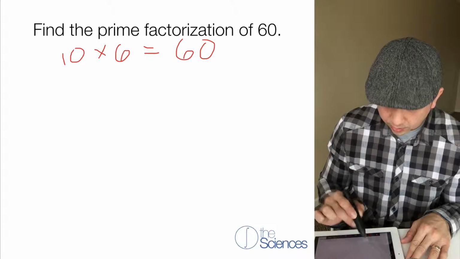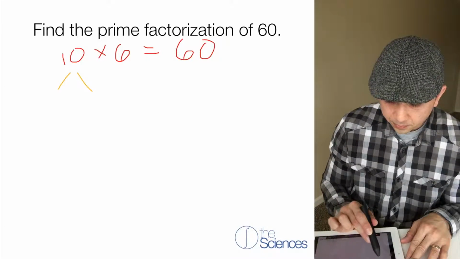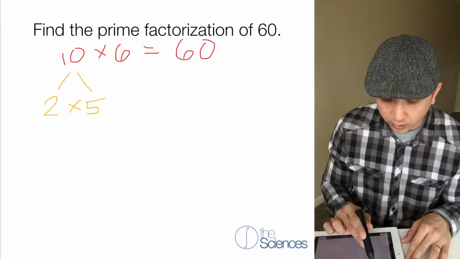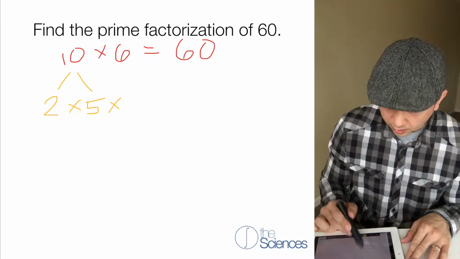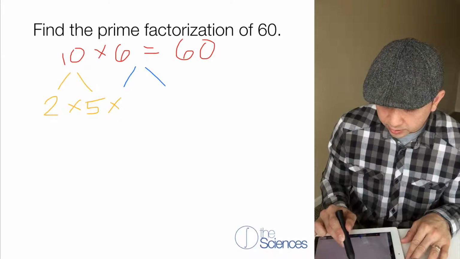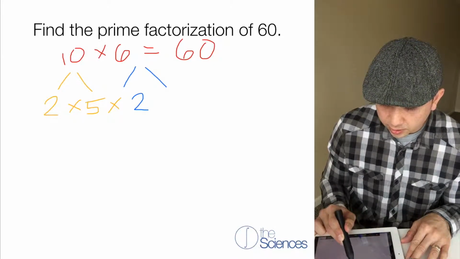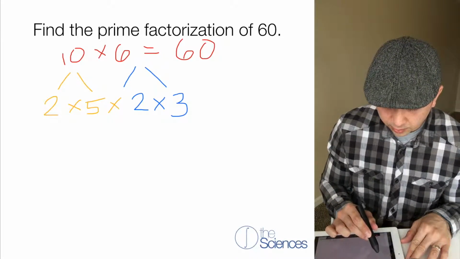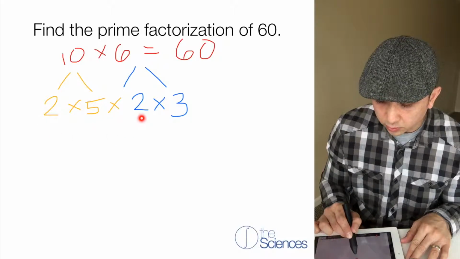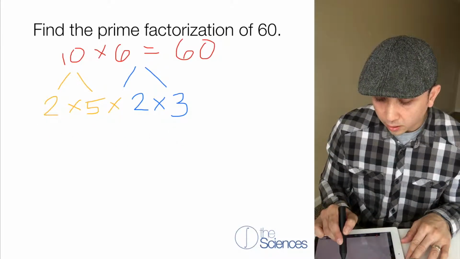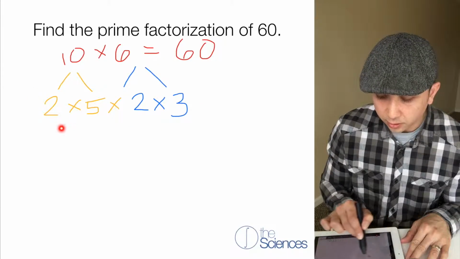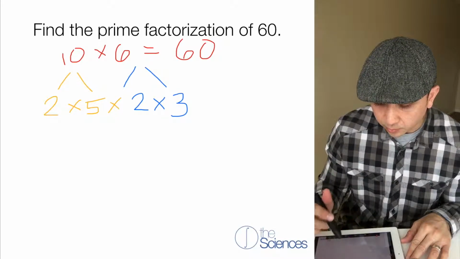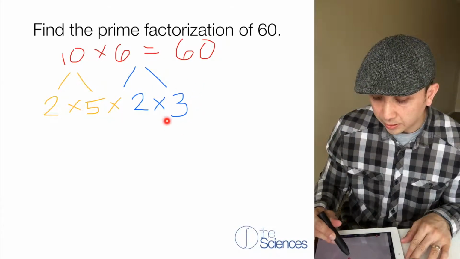So now we can break down 10 into 2 times 5, because we know 2 times 5 is 10, times, and let's break down 6, well, we know that's 2 times 3. So now we have 2 times 5 times 2 times 3, and all of these numbers are prime numbers. They're now prime numbers because the only way to get these numbers is by multiplying itself and 1.